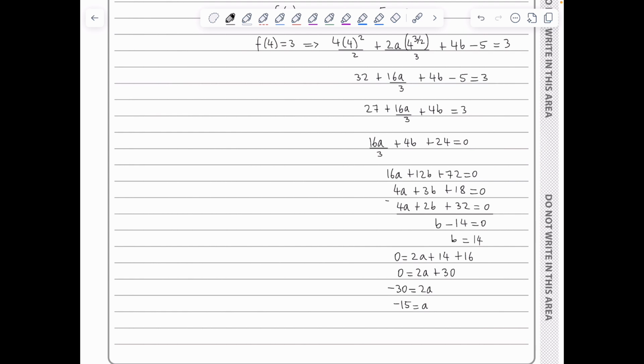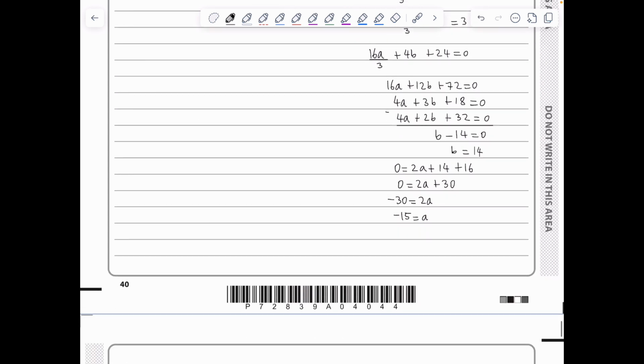And I can now proceed in stating that f of x is 2x squared plus 2 times the a of negative 15, x to the 3 over 2 over 3, plus the b, which is 14x minus 5, and all of this simplifies to 2x squared minus 10x to the 3 over 2 plus 14x minus 5.